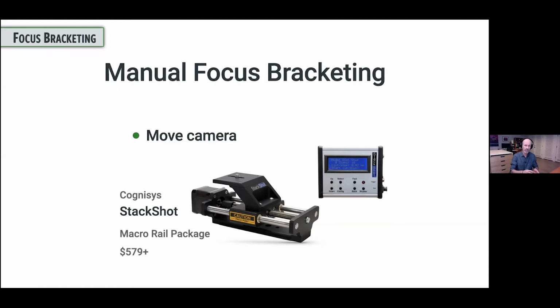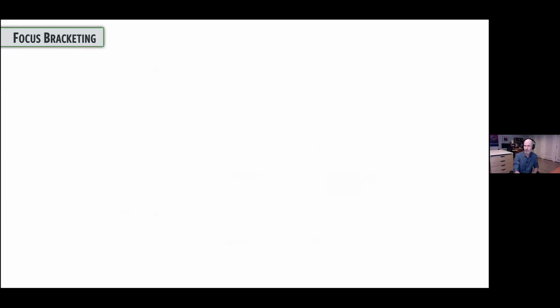There's different amounts of light coming in. It's changing the magnification on your subject depending on the focus breathing. And the technically better way to do this is by moving the camera. So if you want to take this focus stacking to the very highest level, then you might be interested in one of these devices. But for most of us folks, it's not going to be necessary.